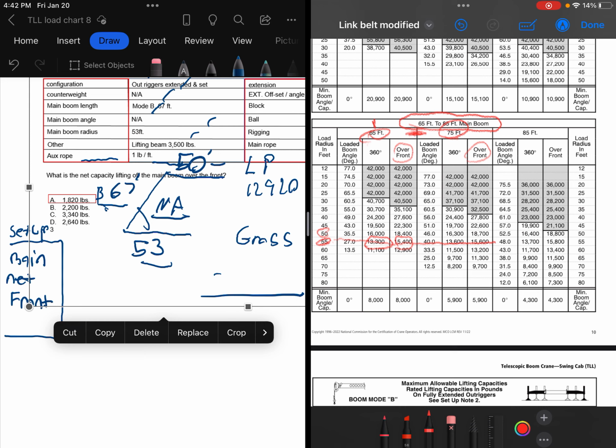15,400 pounds over the front. At 75 foot, 15,600 pounds over the front. Let's clean this up a little bit here so we can see it.